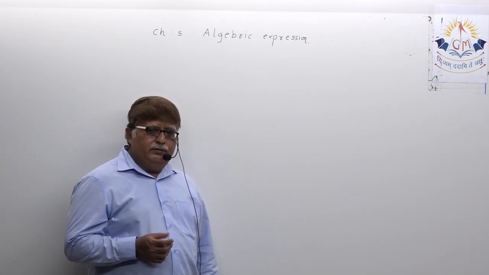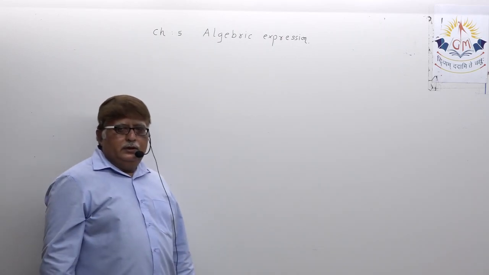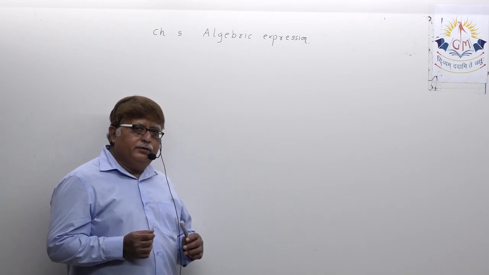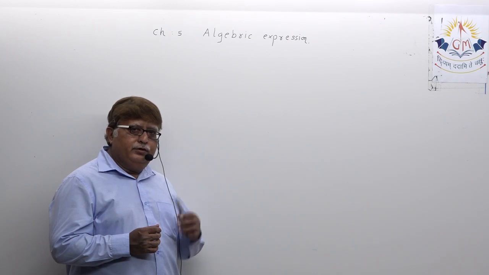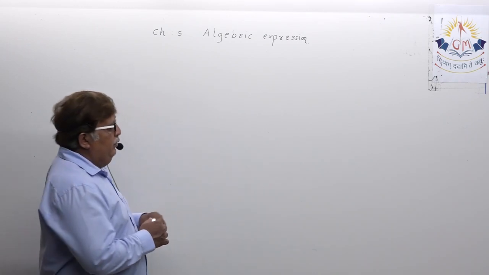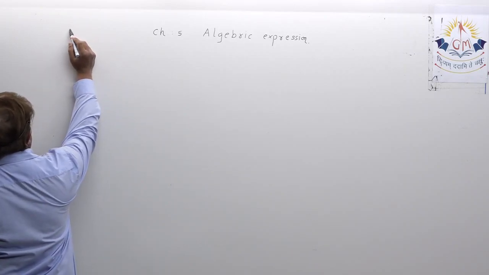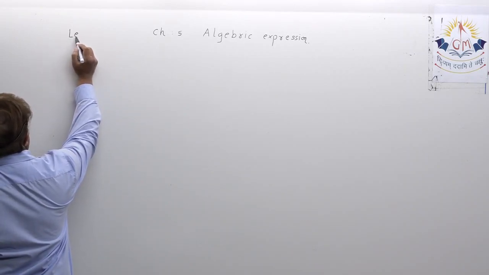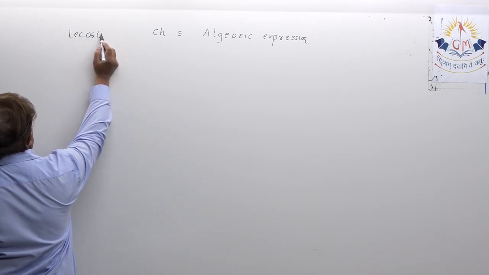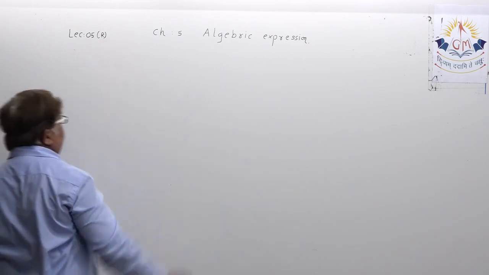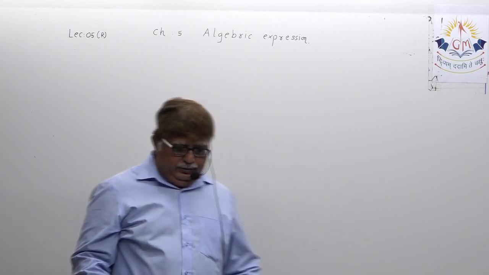Chapter number 5, that's algebraic expression, is a very important chapter, and that's why we have started a revision of this particular chapter. So today, dear student, you are attending lecture number 5 of revision of this particular chapter.